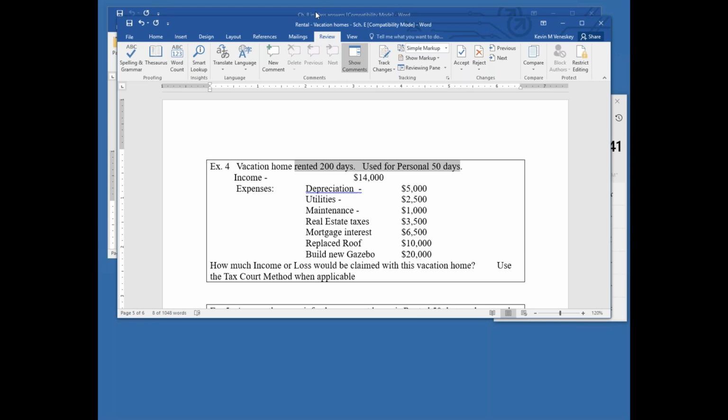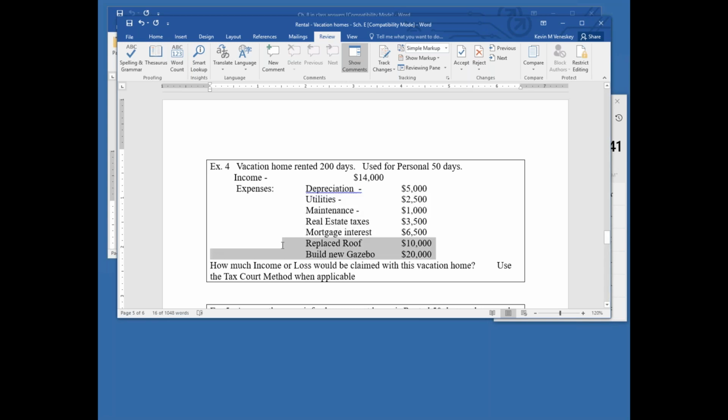Okay, so with this example, this one is considered the third option, a combo between rental and personal. So what I would do first is go through and show that the first 5 items on here are actual expenses that I can use on the tax return.